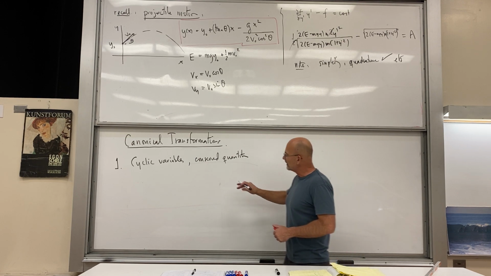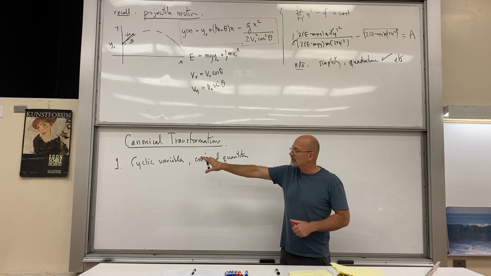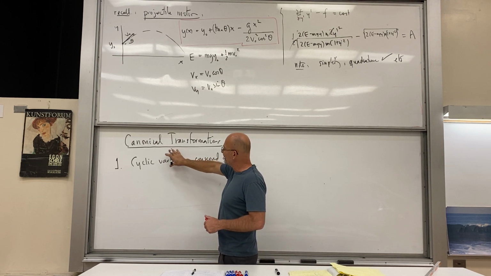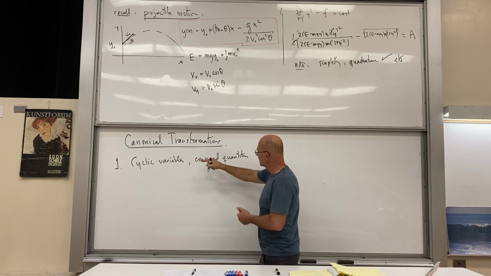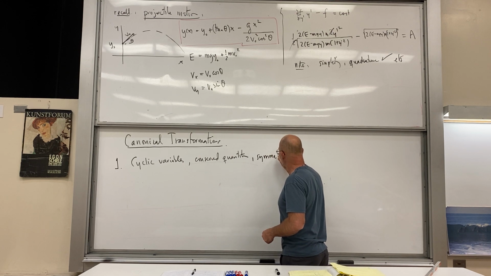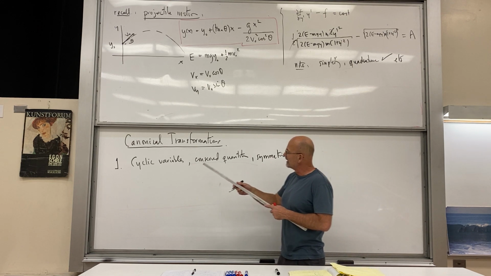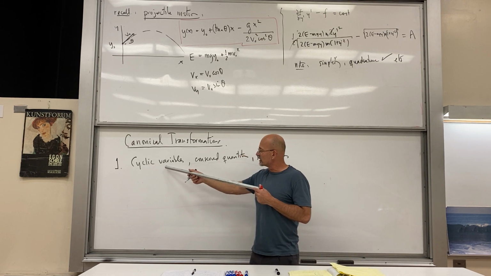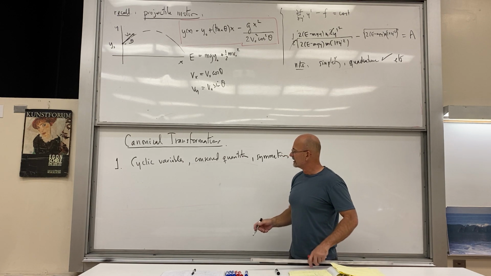But you don't just have cyclic variables from the outset. You have to discover the coordinate system that displays the symmetry, because cyclic variables, conserved quantities, symmetries, that's what it all goes back to. But you don't necessarily immediately have the cyclic variable. It could be a situation where you would have to look for it.